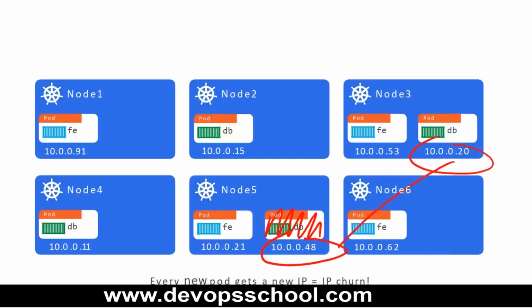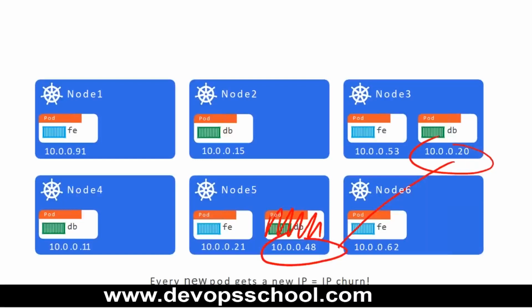If one pod is gone, another pod will replace it and the IP address will change. Each pod has a container, and the images of some containers are front end, and some containers are back end. This is the implementation you might have in your Kubernetes cluster.